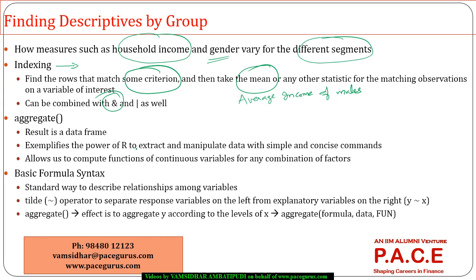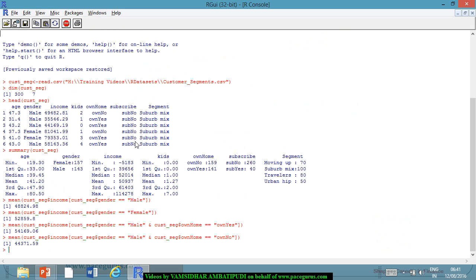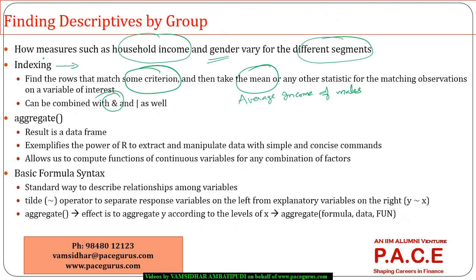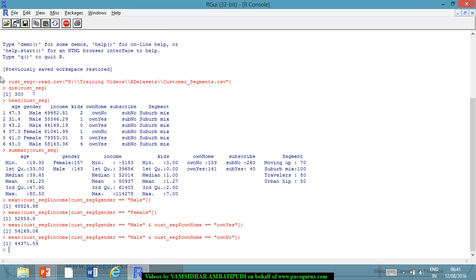You can combine it with and or or also, either of the ways. So this is one way, especially if I have to pull out some subset of observations. I can use row matching or indexing, and based on that I can pull out those particular rows and execute all my commands on the top of it.